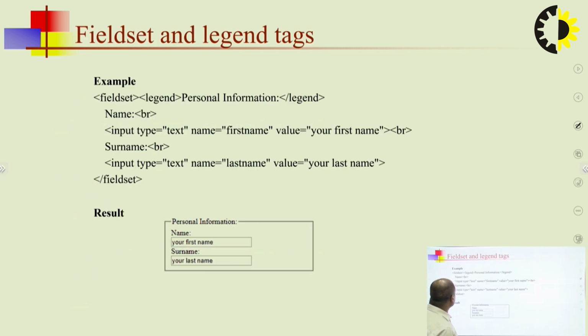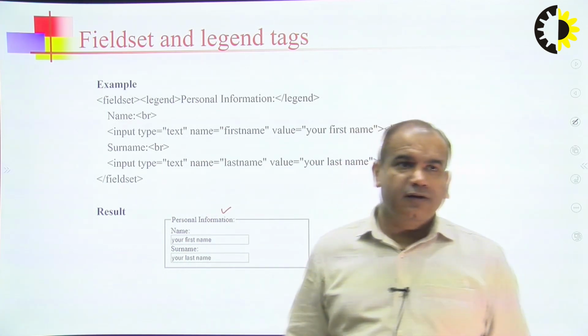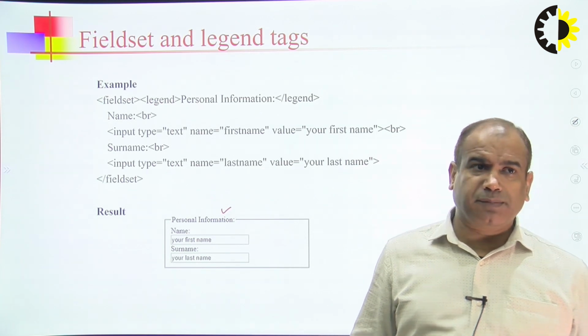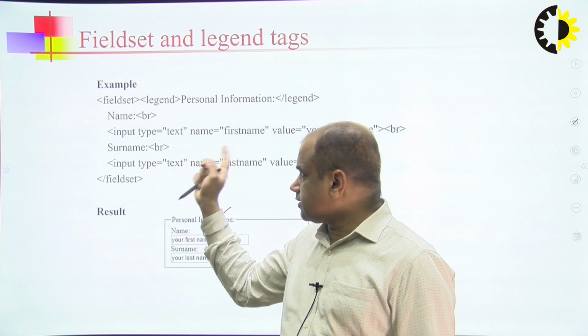Next, we are talking about fieldset and legend. If you want to group some elements, we can use fieldset and legend. Here this represents the fieldset and that represents the legend. So fieldset is a tag, and legend represents this information, and we write this inside the form tag.